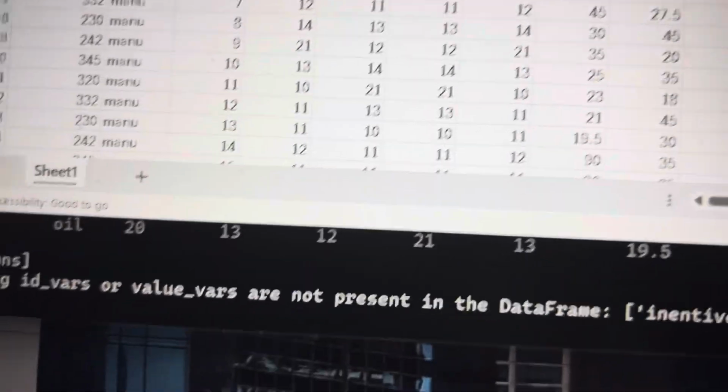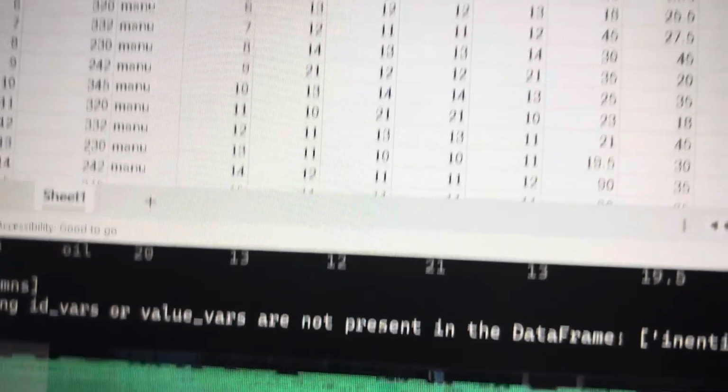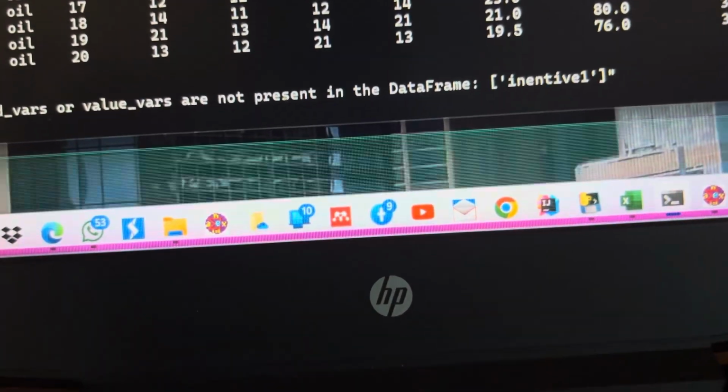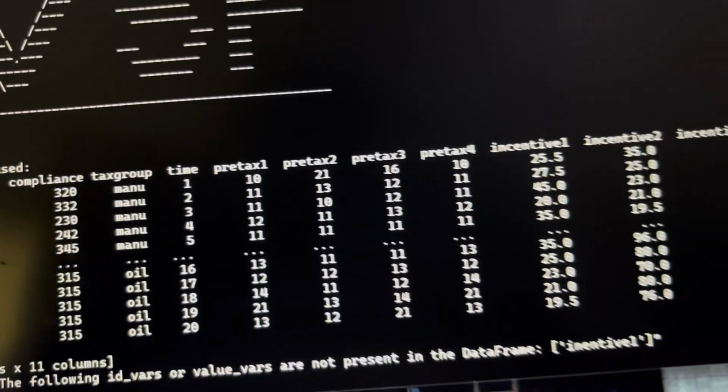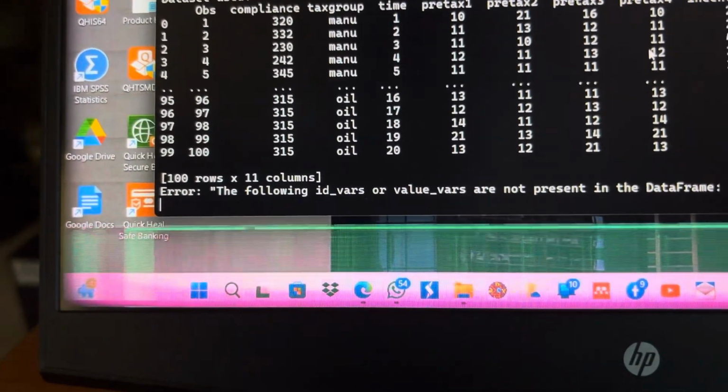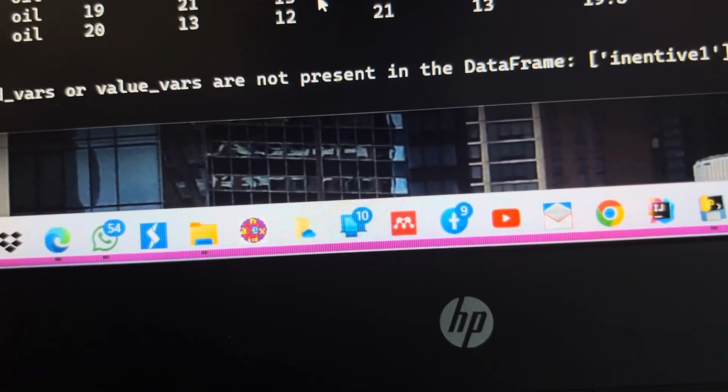Now the repeated measure ANOVA has been processed, but I think it's still being processed. The following ID values are not present.